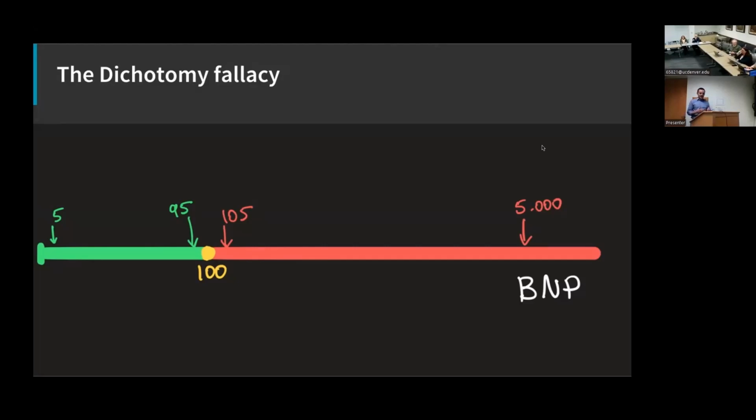For example, BNP is dichotomized at a cut point of 100, but we know that 105 and 5,000 are different types of positives. And even though 95 and 105 fall on different sides of the cut point, we know that this difference of 10 may be just a result of the variation of the actual lab technique.